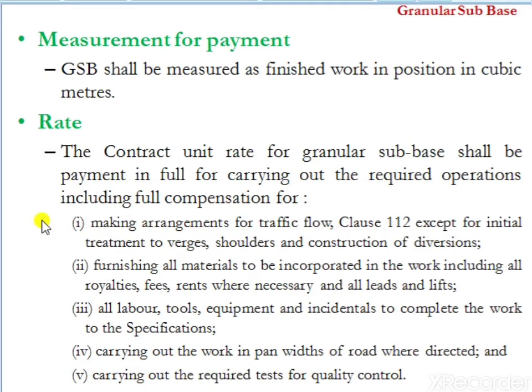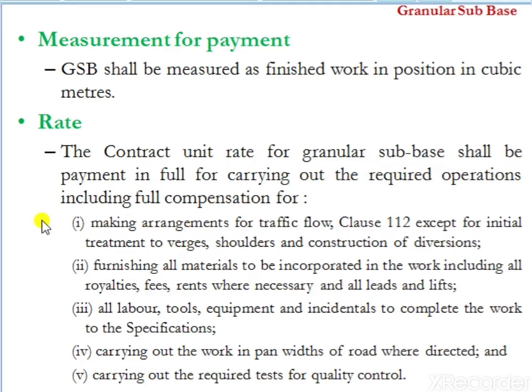The second one, furnishing all materials to be incorporated in the work, including all royalties, fees, rents where necessary, and all leads and lifts. So the bill of a project also includes the rent of materials brought for the construction of a pavement.